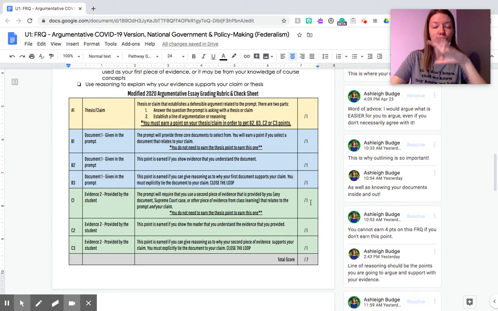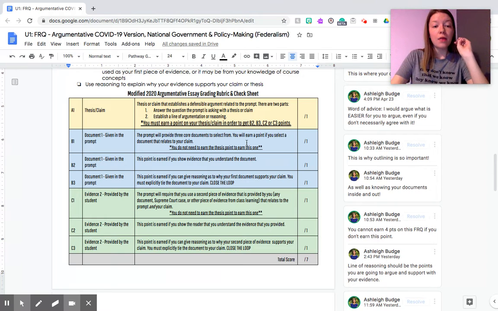So I want you to think of this argumentative essay in 3 paragraphs. Your claim and thesis is going to be one paragraph, and that might just be a sentence, and that's okay. Your second paragraph is going to be what's in blue here. You need to include the document from the list provided, basically showing the reader that you understand the document and explaining how your document supports your claim, providing evidence, closing the loop, tying your argument together.